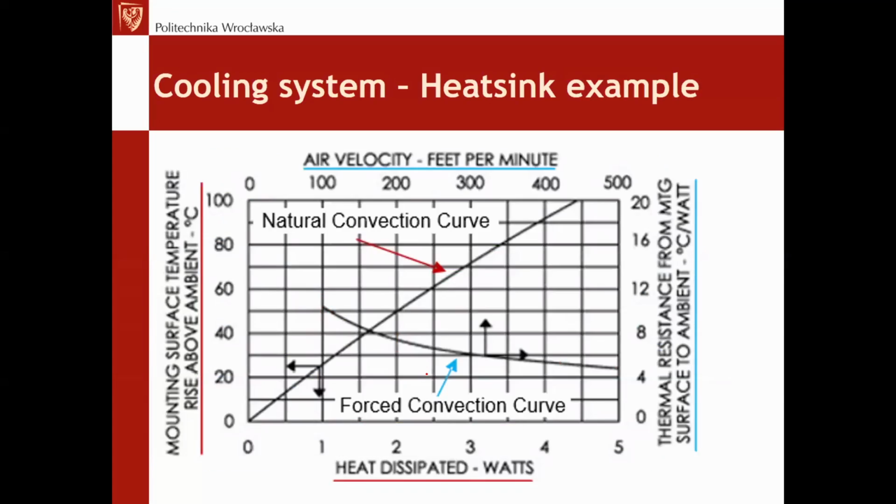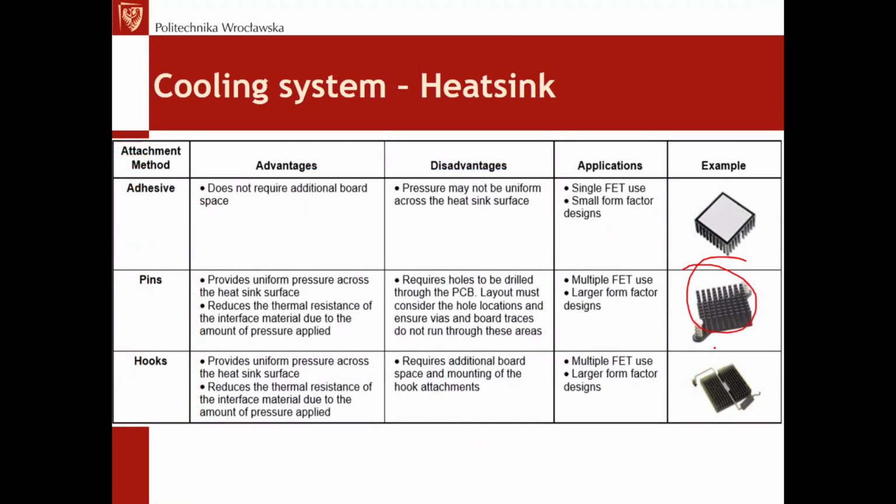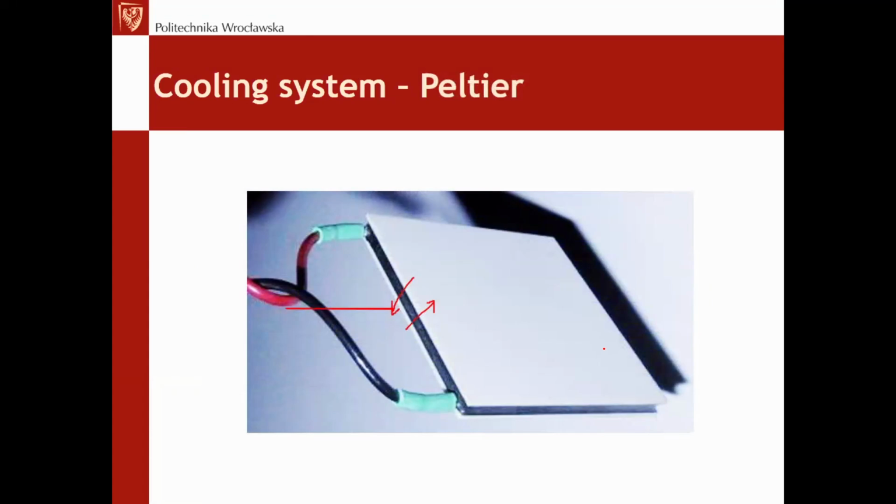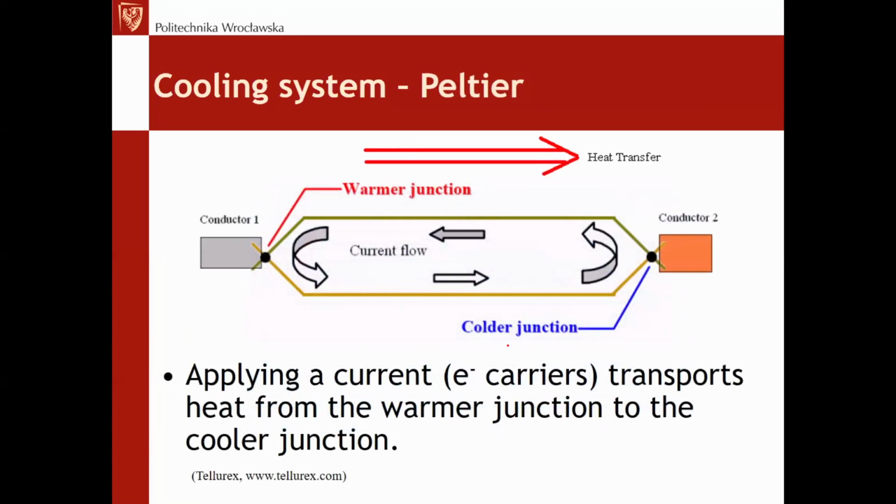Because with the standard heatsink, we can only pump the heat out of our device. We talked about the thermal models, and there was only the one direction for the heat. With the use of the Peltier element, we can pump the heat in 2 directions. It's a very interesting element.